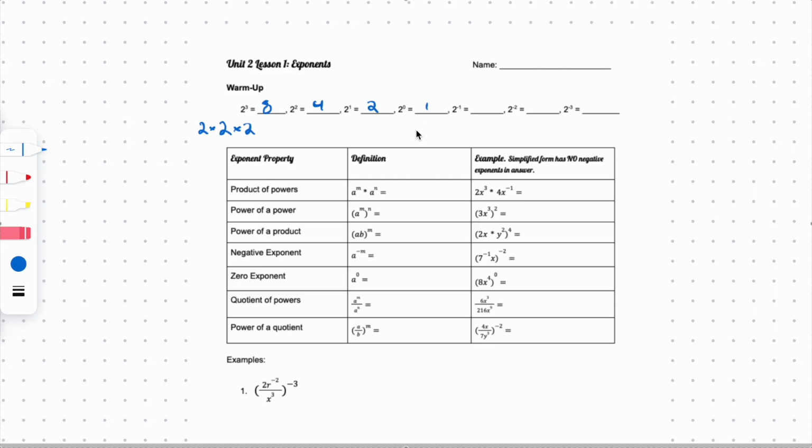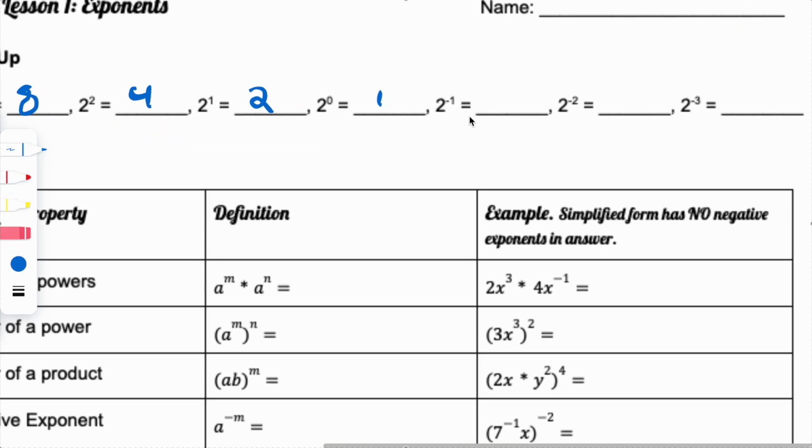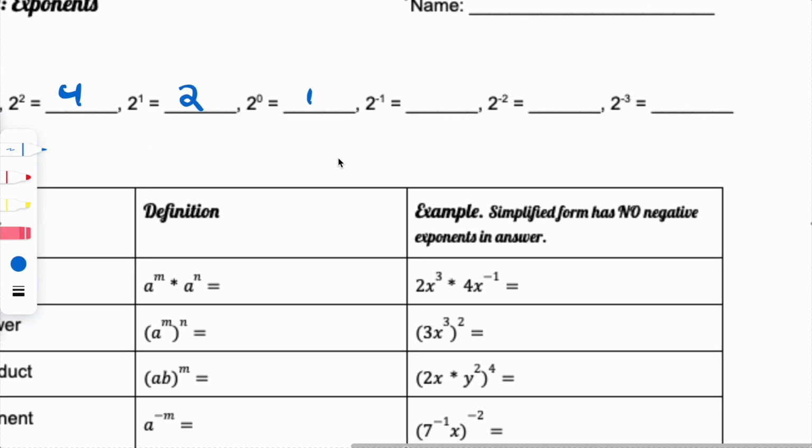It essentially negates it. Now, when we have a negative exponent, as is the case here, that means we're actually going to take the reciprocal. So essentially, we're doing 1 over 2 to the first. And 1 over 2 to the first is just going to be 1/2, since 2 to the first is just 2.